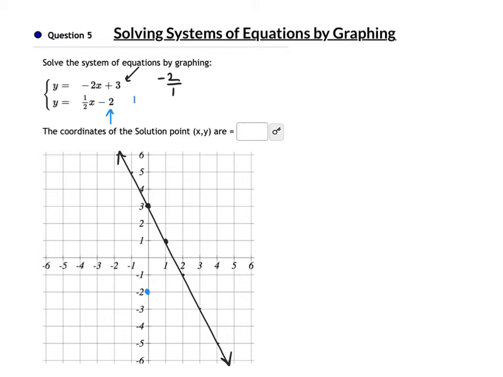So we will rise +1 and run +2. Rise 1, run 2. Draw both lines and find the solution, the ordered pair that makes both equations true. That's this ordered pair, x is 2, y is -1. Make sure you enter parentheses when you enter it in WAMAP.